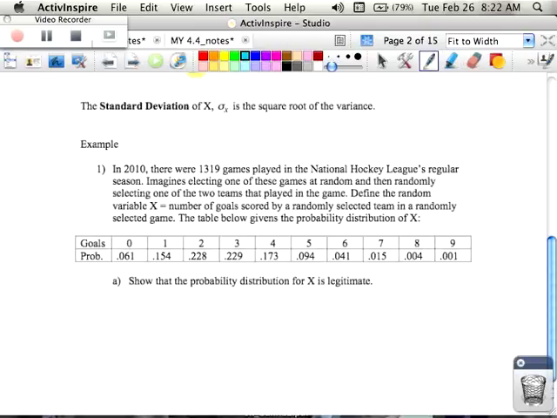When we're talking about legitimacy, they have those two things in the previous slide. Number 1, each probability is greater than or equal to 0 and less than or equal to 1.